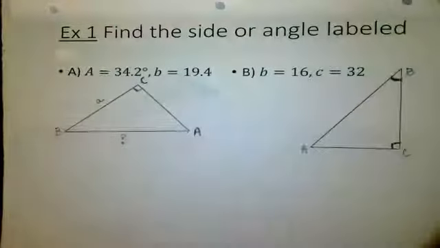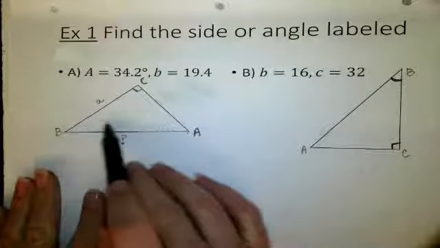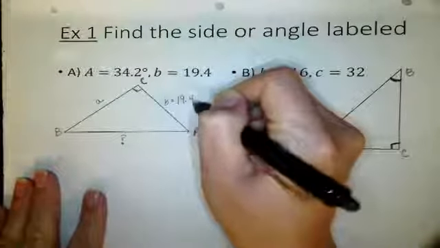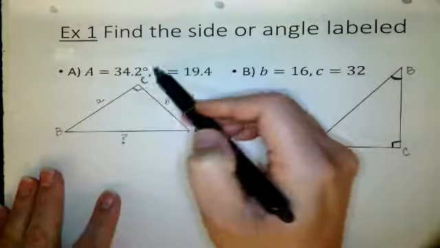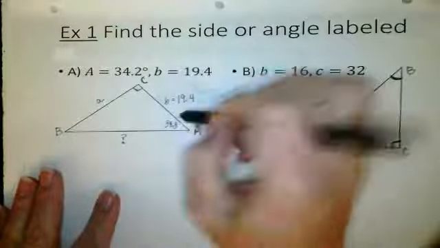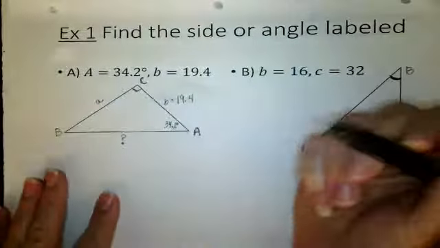Every opposite side uses the lowercase letter. So opposite angle B is side b, and we know that's 19.4 units, whatever those units happen to be. And they're also telling me that angle A is 34.2 degrees. So I'm going to label that 34.2 degrees.